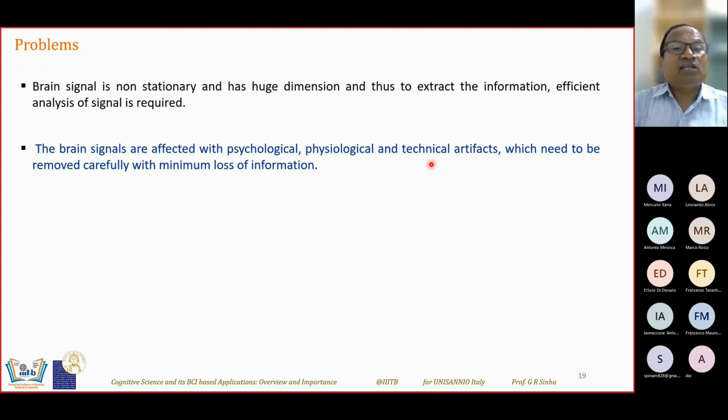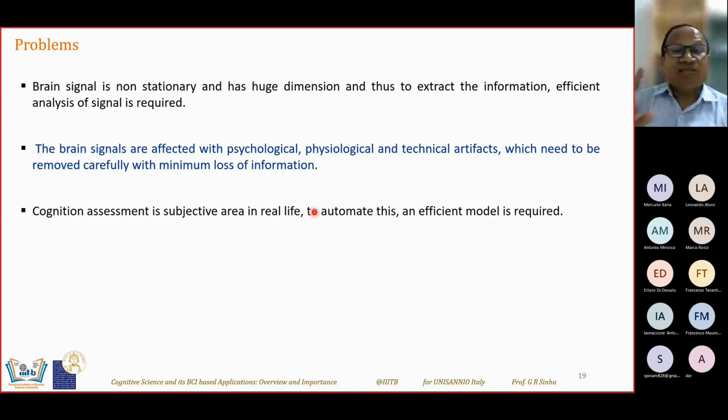So these are the challenges in the area of BCI, which need to be addressed carefully with minimum loss of information. If there is some unwanted signal mixed with the original EEG signal, and you want to separate it using some pre-processing, signal processing method or ML, and while removing that unwanted signal you by mistake remove the original signal, that is another challenge.